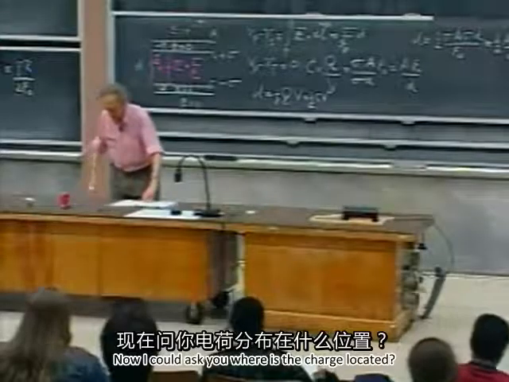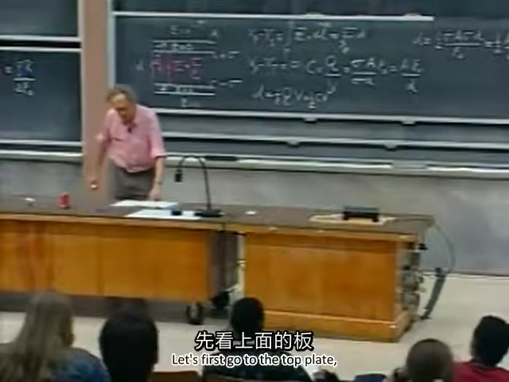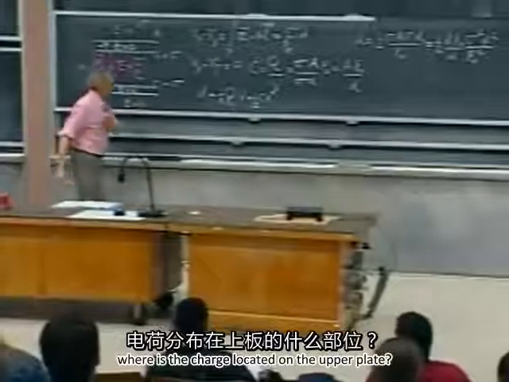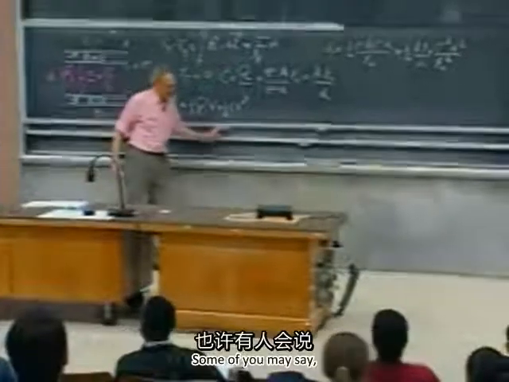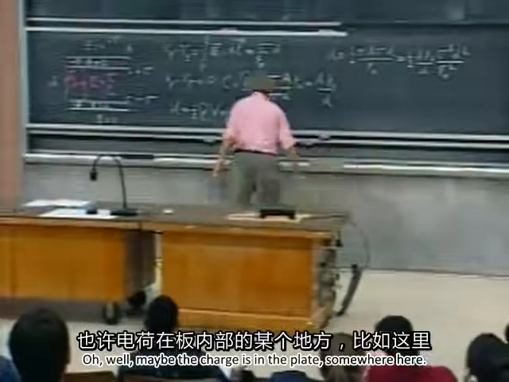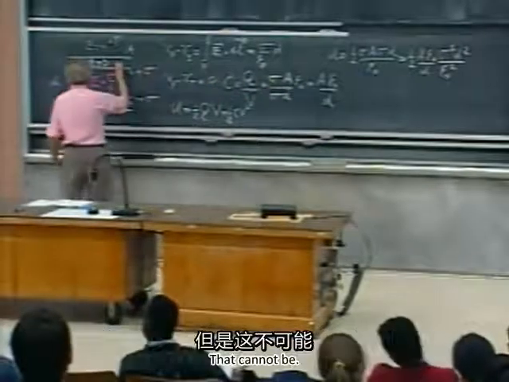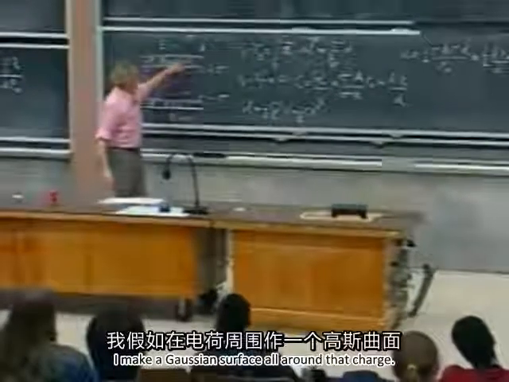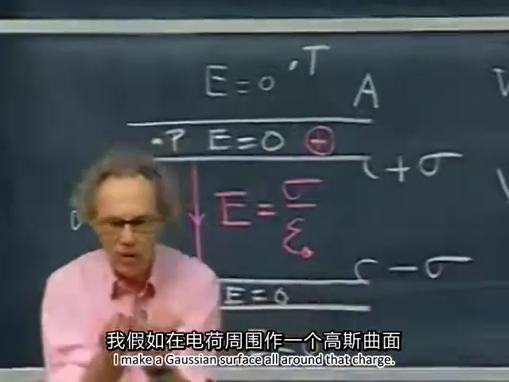Now I could ask you, where is the charge located? Let's first go to the top plate. Where is the charge located on the upper plate? Some of you may say, oh, maybe the charge is in the plate, somewhere here. That cannot be. I make a Gaussian surface all around that charge.